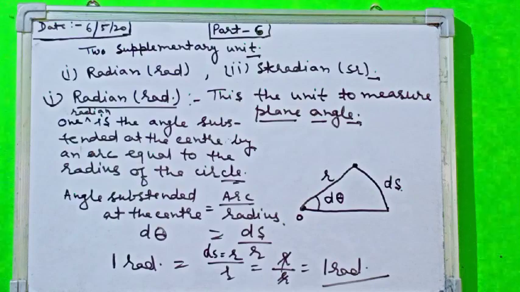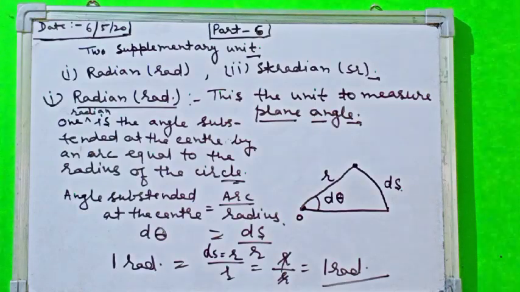Later on I will discuss some conversions regarding radian into degrees, into minutes, into seconds. In the numerical part I will elaborate how to convert radian into degree, degree into minute, minute into second.